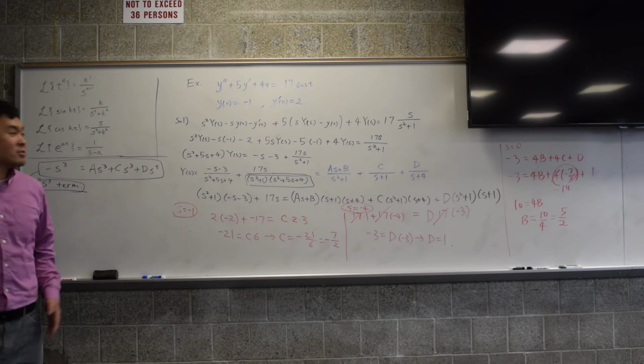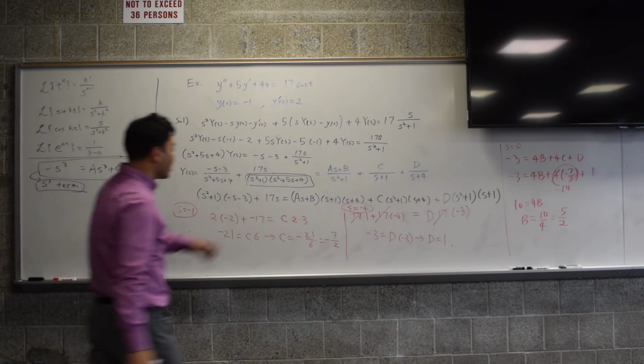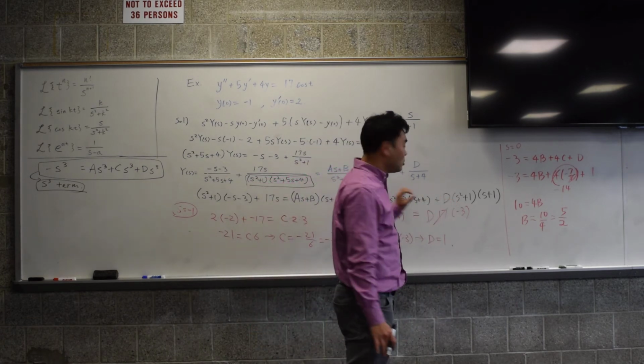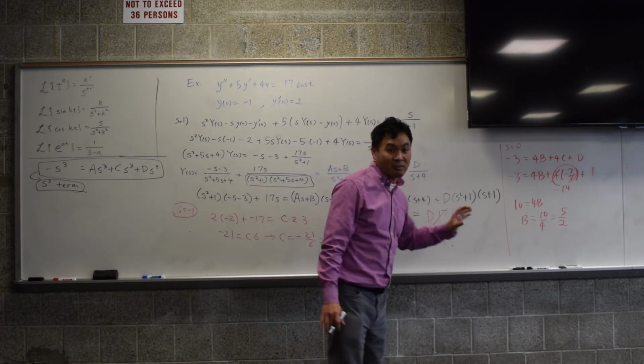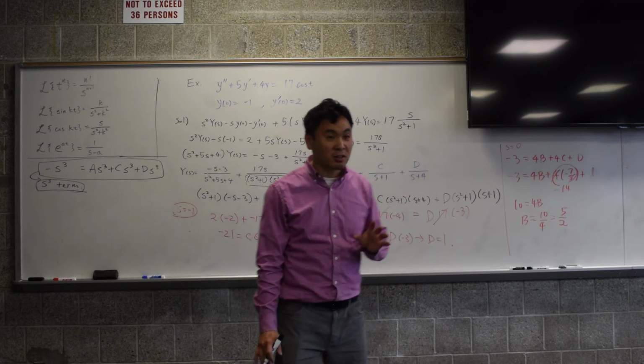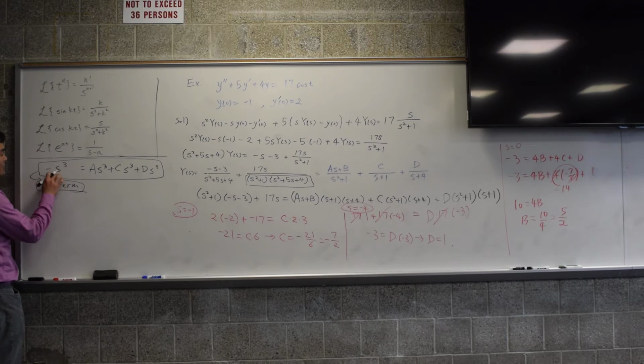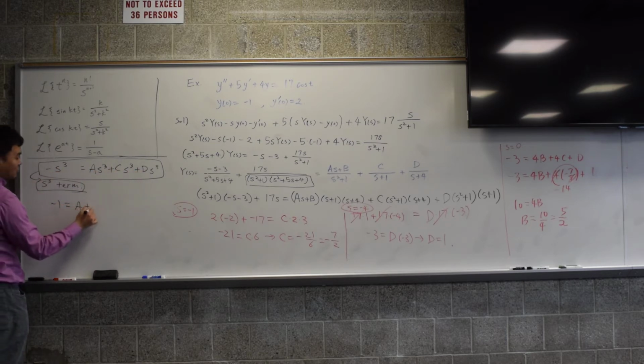And that's a very good idea. Because the highest order term is often not so hard to figure out, you can skip the process of having to expand everything and just look at the highest order term. So we look at that and say, hey, if I divide everything by s cubed, I get -1 equals a plus c plus d. And I already know what c is.